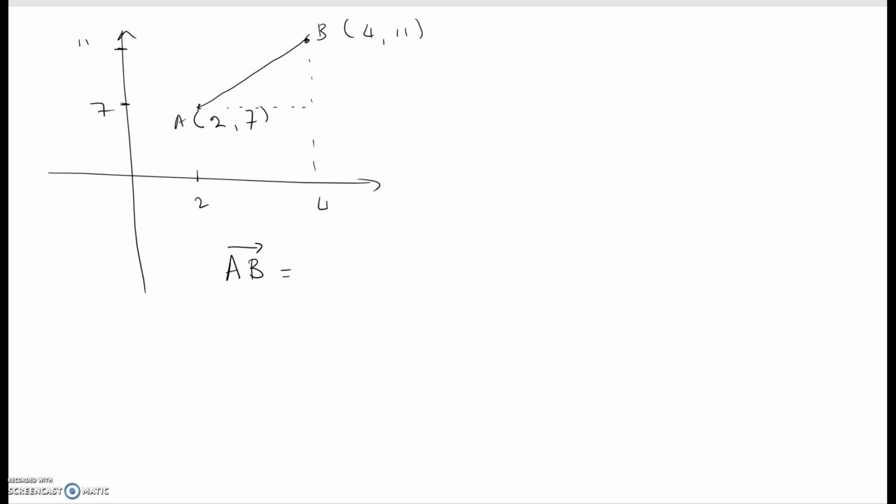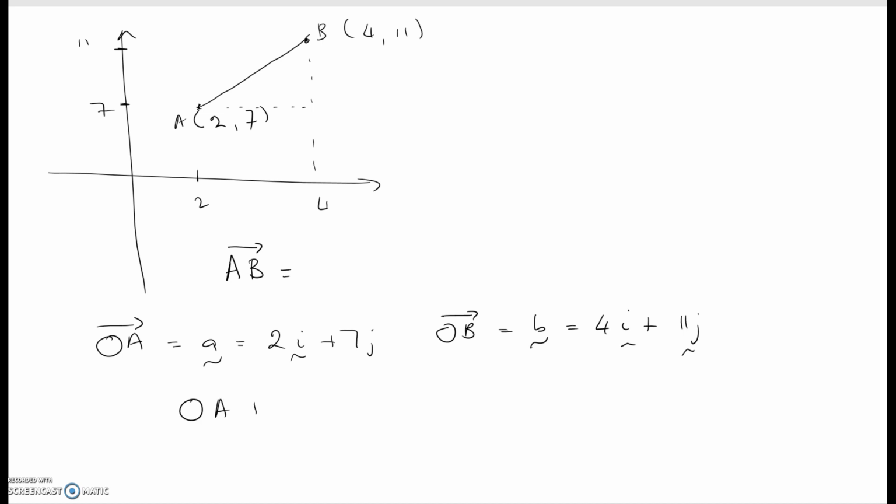Let's work with a little bit more detail. Let's say that OA is a, and that's the one that we're calling 2, 7, so that would be 2i plus 7j, and let's call OB b, and that's the one that is 4i plus 11j. And we know that OA plus AB is going to be OB.